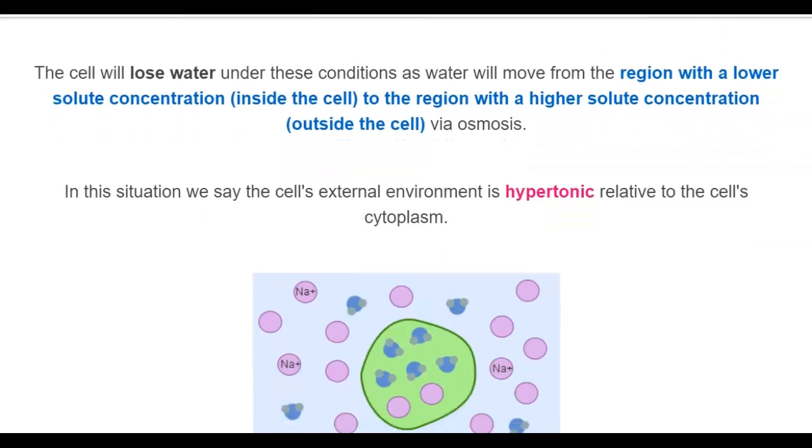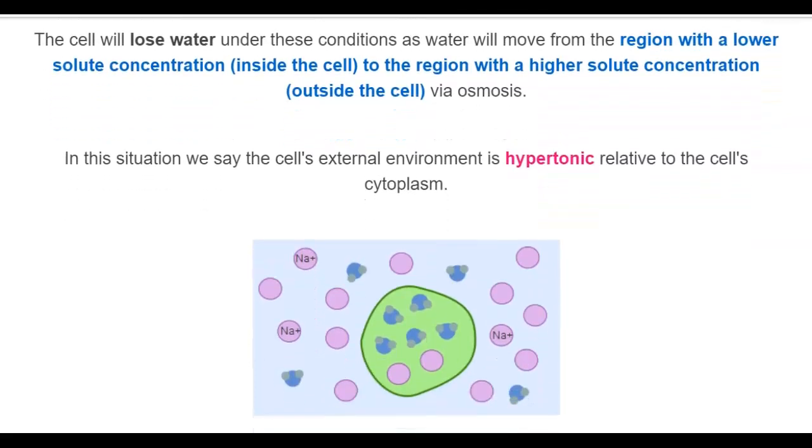In this situation, we say that the cell's external environment is hypertonic relative to the cell's cytoplasm. So that means there are more solute particles outside the cell than inside the cell.